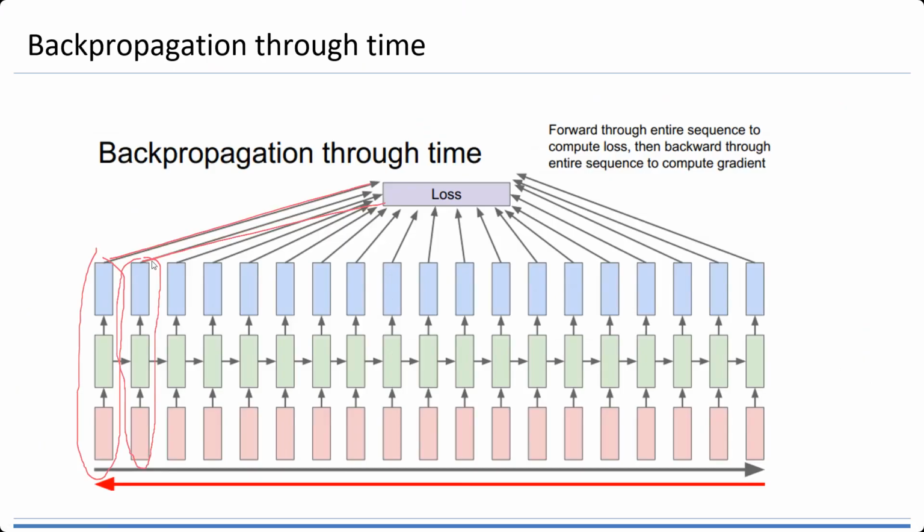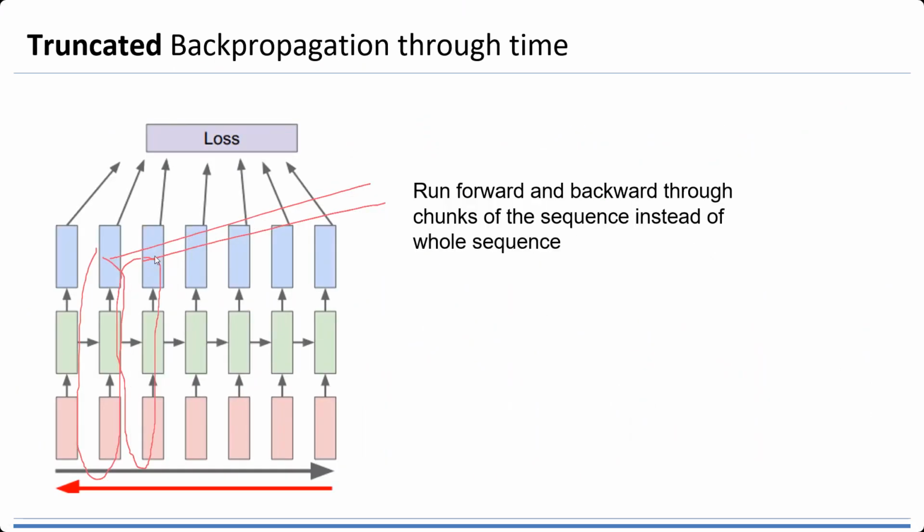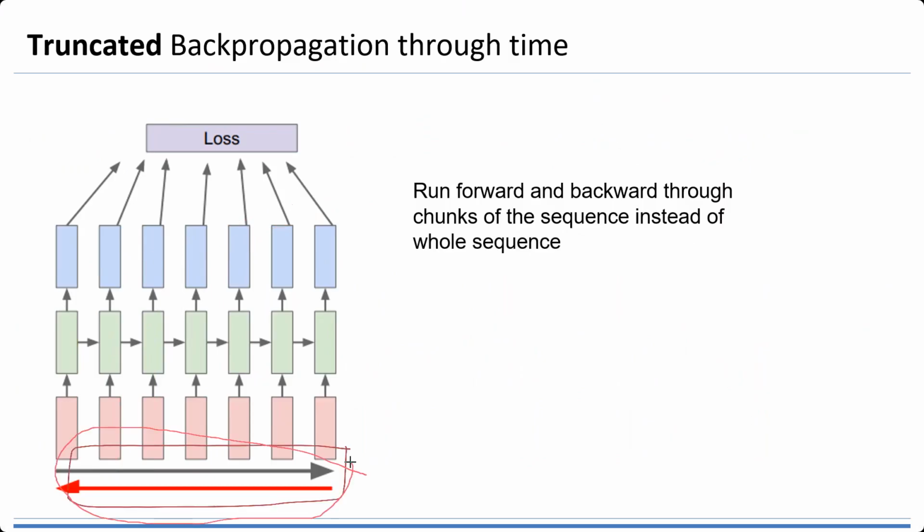However, we can also do truncated backpropagation through time. What does it mean? We run forward and backward through chunks of the sequence instead of the whole sequence.